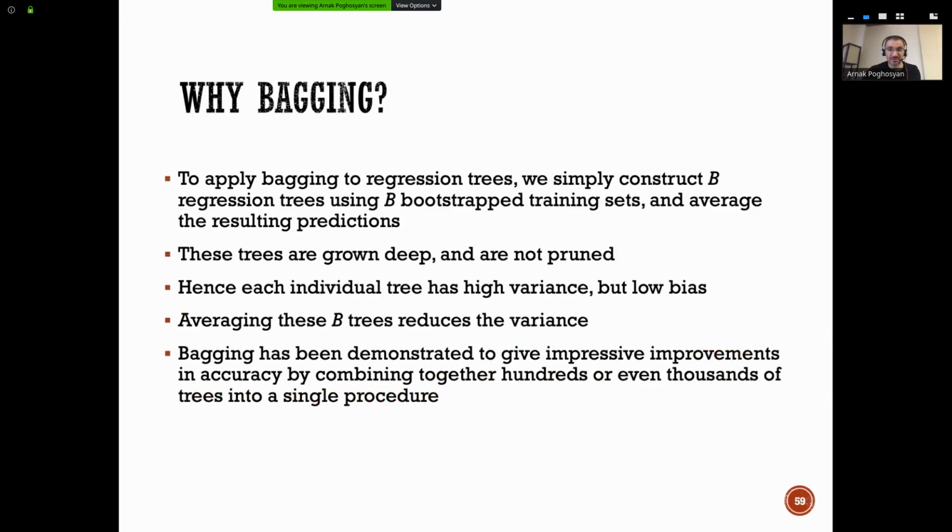So here is the description. This big B is the number of different classification or regression trees that we are using. So you understand that we can apply this approach both for classification and regression. When we are saying that we are averaging, we actually mean regression trees.